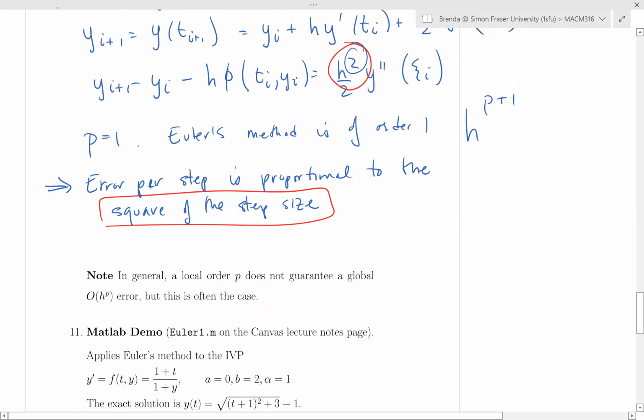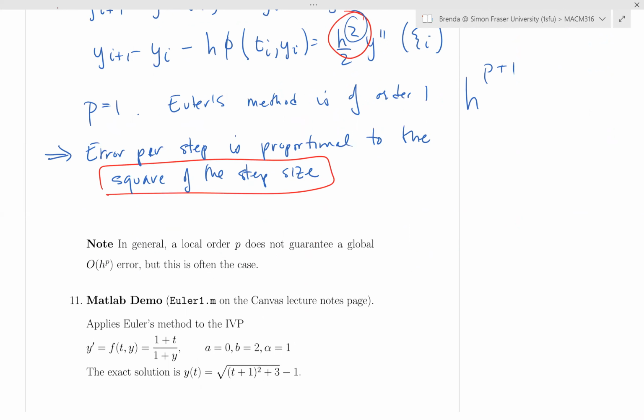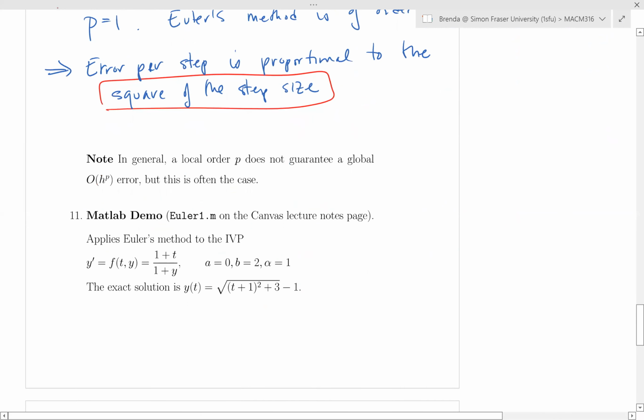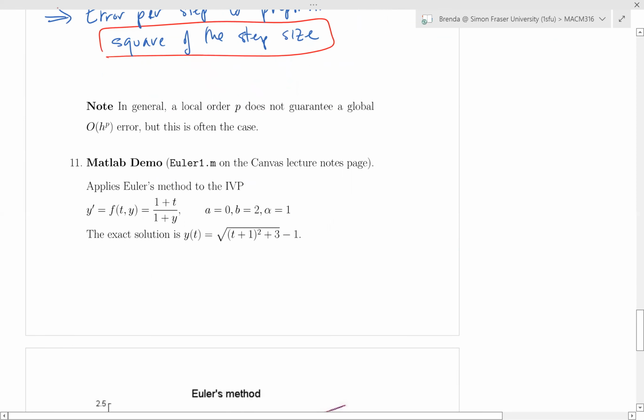If we look at the local error of order h squared, that does not guarantee the global error, but it is in this case. Okay, so there's a demo in MATLAB in Canvas that you can run. It applies Euler's method to this initial value problem.